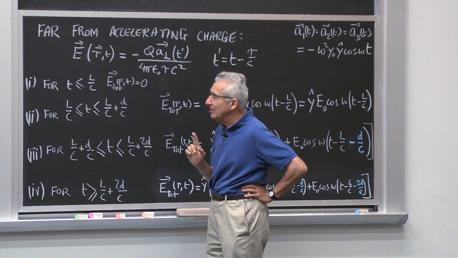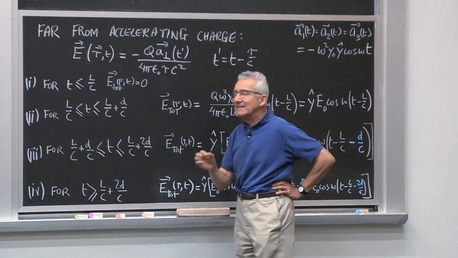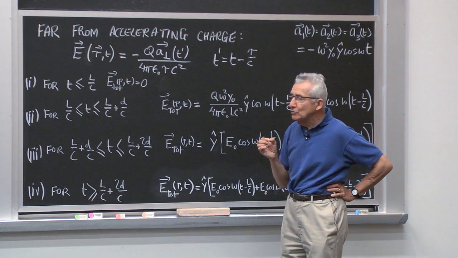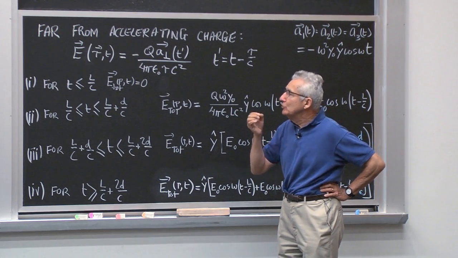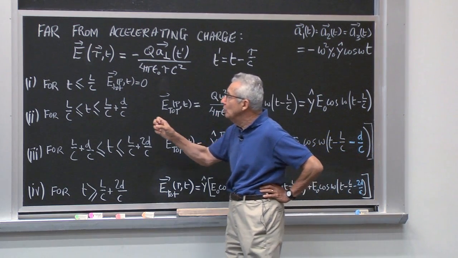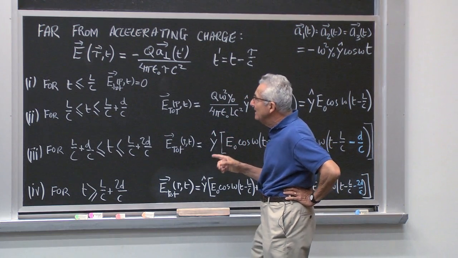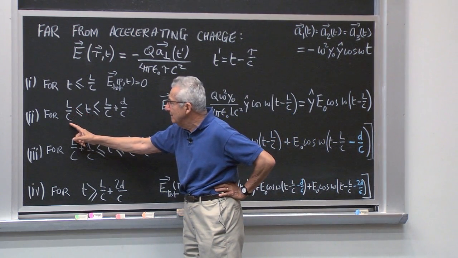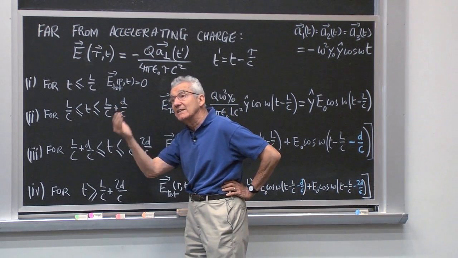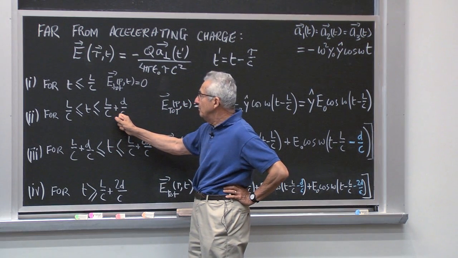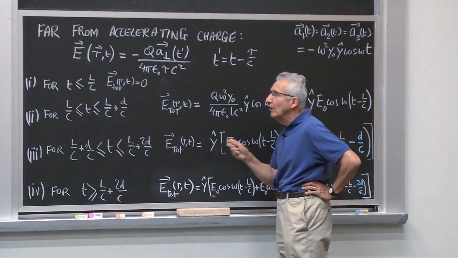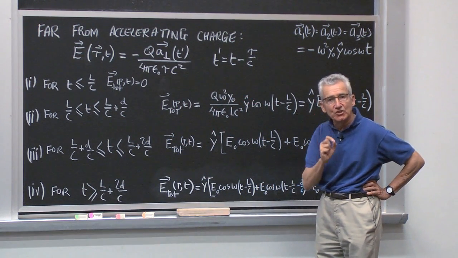For t just after L over c, the acceleration of the charge at x equals 0 would have produced an electric field which propagated, and it would have got to my point P. So between the time L over c and the time when the radiation from the second charge got to the point P, I will have an electric field, but only from the first radiation due to the first charge.